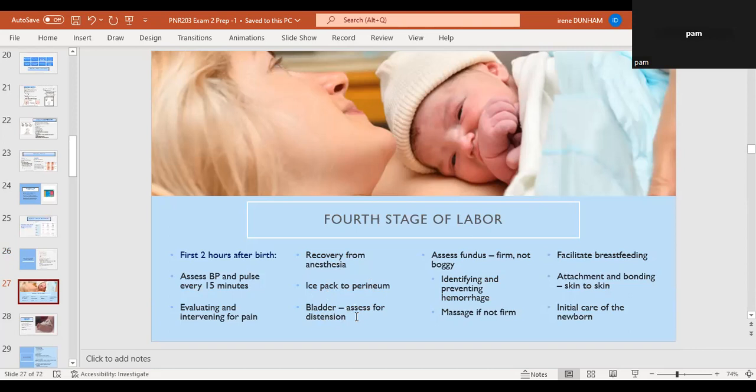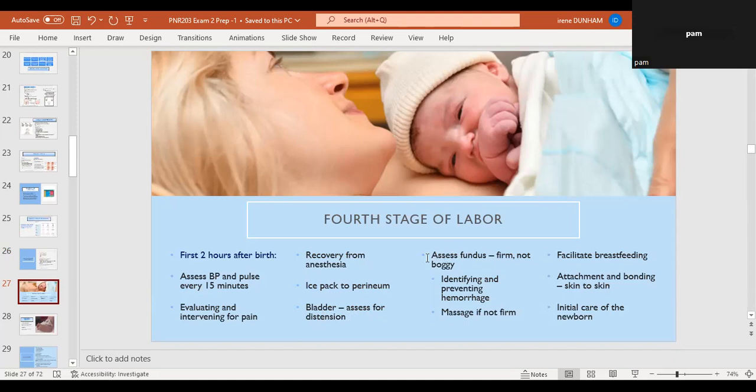And say she had a Foley in because she had an epidural, but we're going to DC that Foley while she's pushing because it's just too much pressure on the urethra. So the bladder can fill up very quickly. And sometimes they'll use a red rubber catheter at time of delivery and get whatever fluids in there, get it out. So it's nice and deflated.